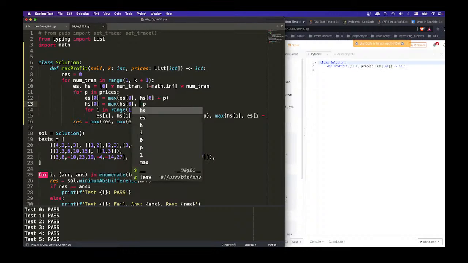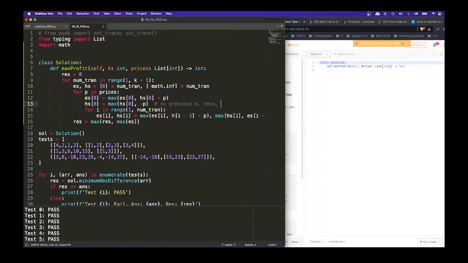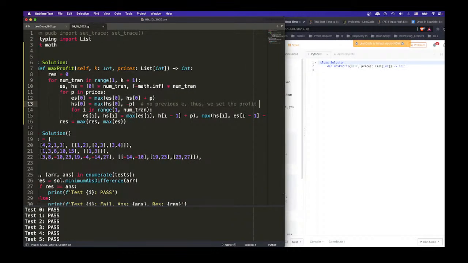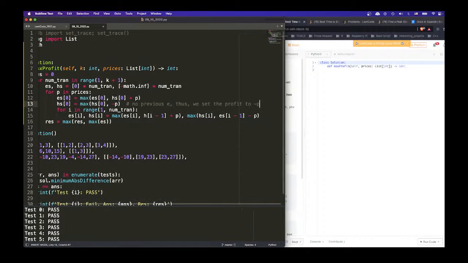Or it comes from previous, but we don't have a previous, so this is the first. There's no previous E. Thus, we set the profit to minus P, basically 0 minus P.